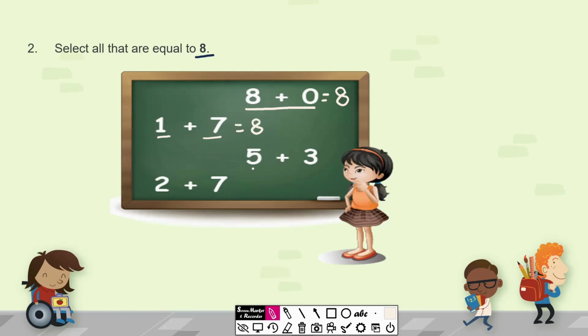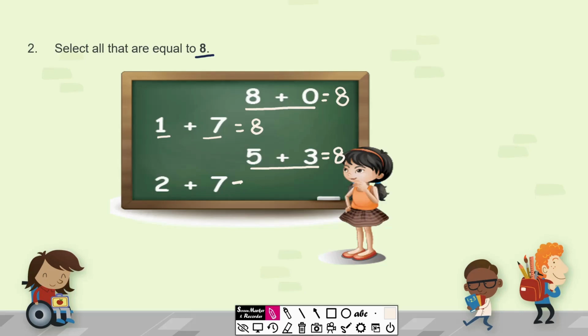And 5 plus 3 is equal to, tell me, 3 steps forward from 5. Yes, it is also equal to 8.